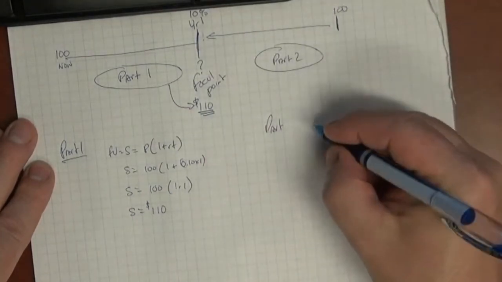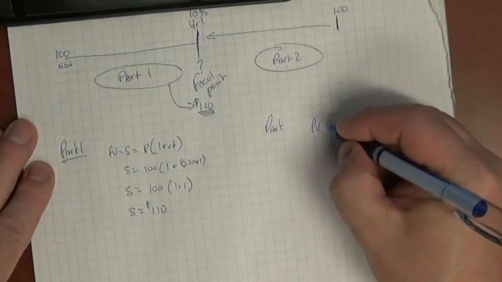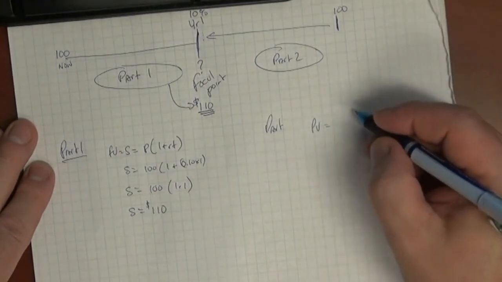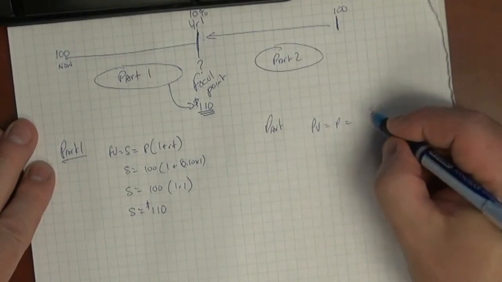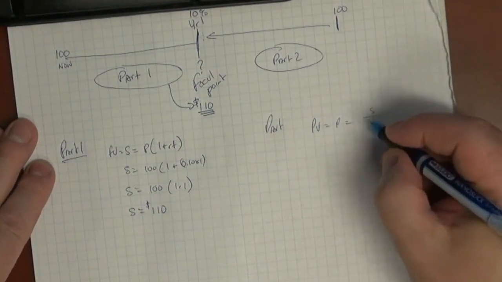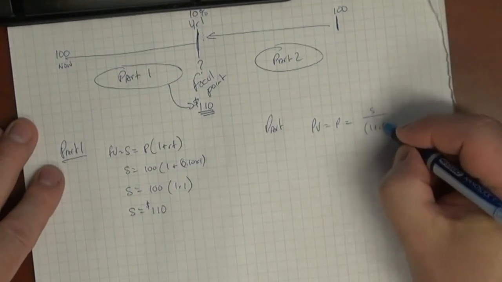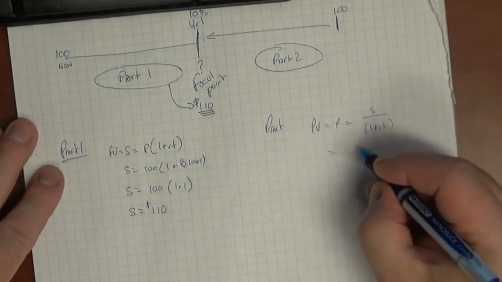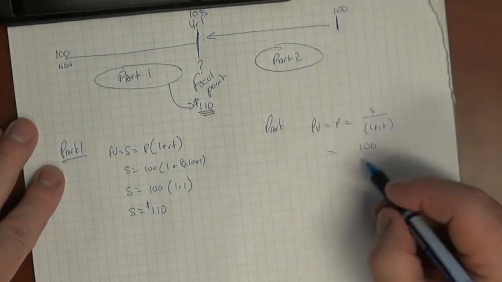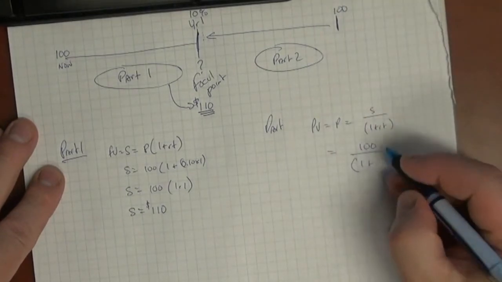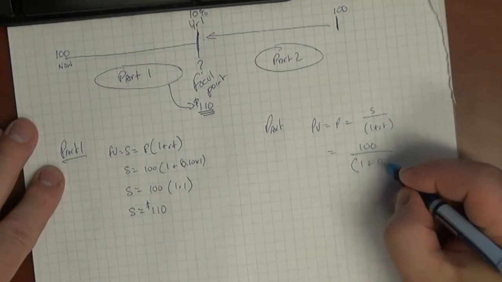So in this case, we've got to get the present value. The present value is simply P equals S over (1 plus RT). And that S is then $100. 1 plus R, which is 10%, 0.10.